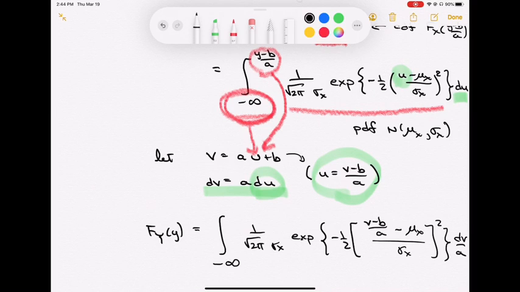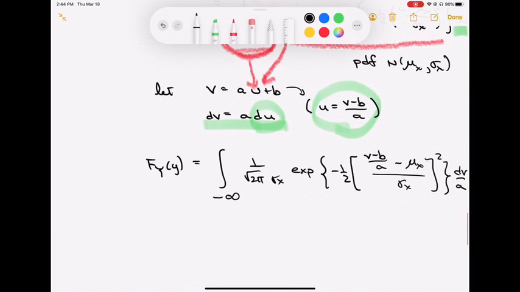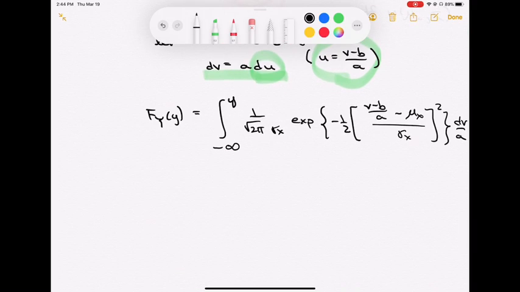And that's really the reason I chose this particular transformation, because now I'm getting something that is an integral from minus infinity to y. That's looking a lot more like a CDF, right? A CDF of y should be an integral from minus infinity to y of whatever the probability density function is. So I'm hoping what's left over on the right-hand side looks like the probability density function for a normal with the known mean and variance that we had computed out before.